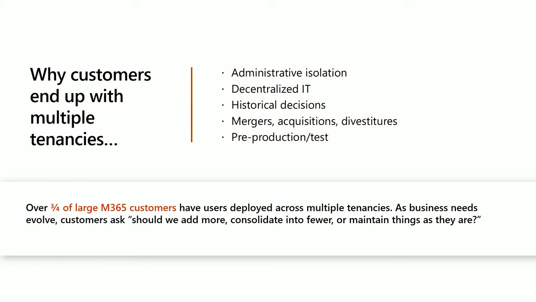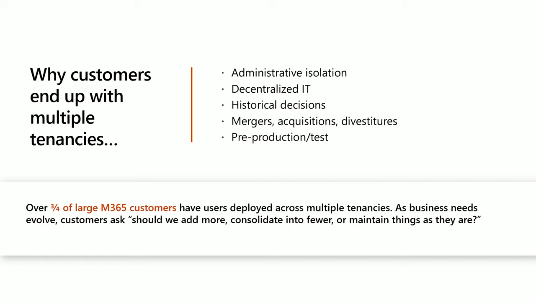So first of all, why are we seeing customers with multiple tenants? Well, it happens in a variety of different ways. Organically, we've seen scenarios where, say, large manufacturing companies that may be based in Asia put their US operations in the cloud first.